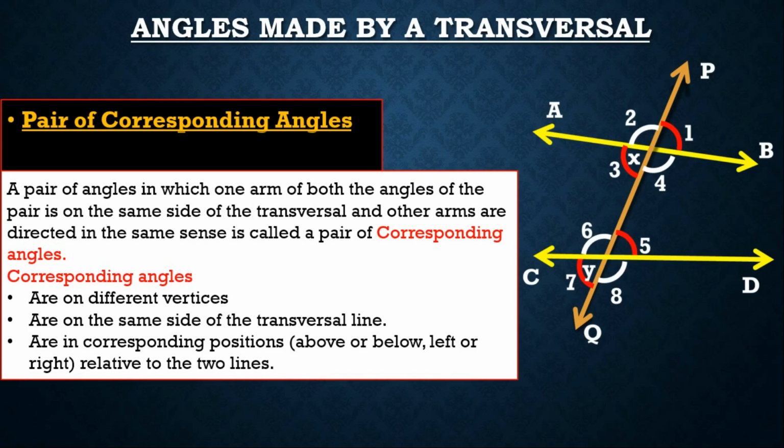So which are the pairs of corresponding angles? Angle 2 and angle 6, angle 1 and angle 5, angle 3 and angle 7, and angle 4 and angle 8. These are the four pairs of corresponding angles. I hope you all got the concept of corresponding angles.